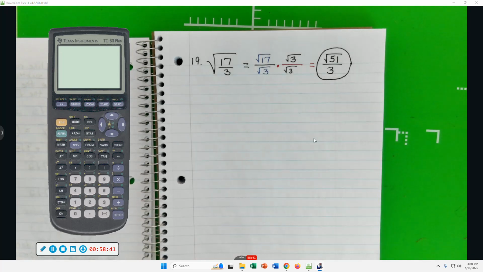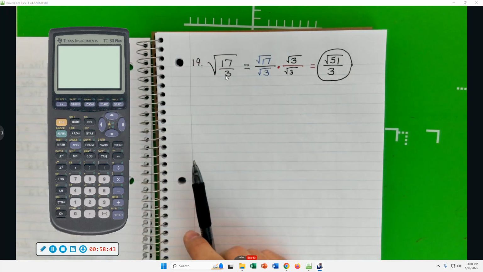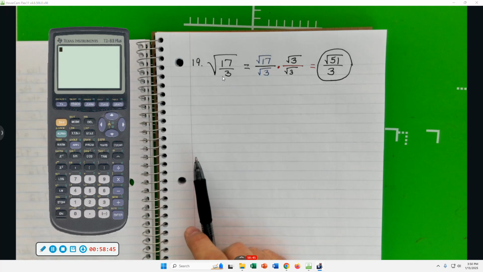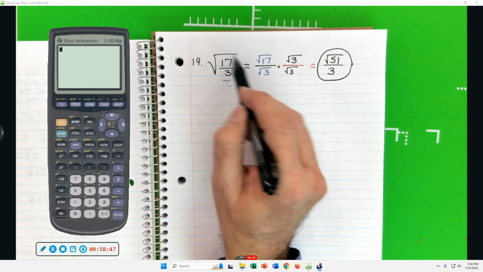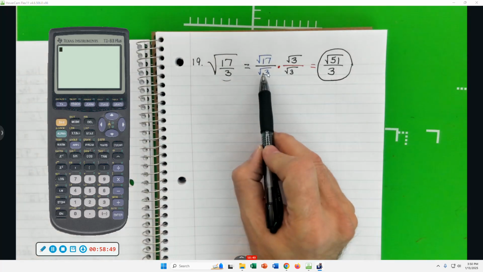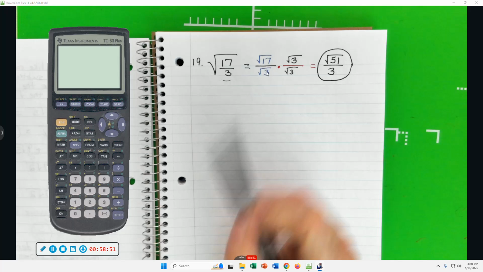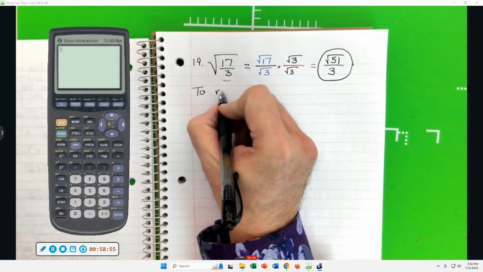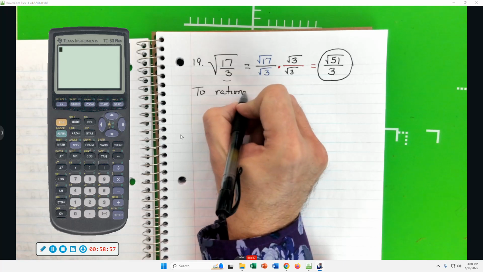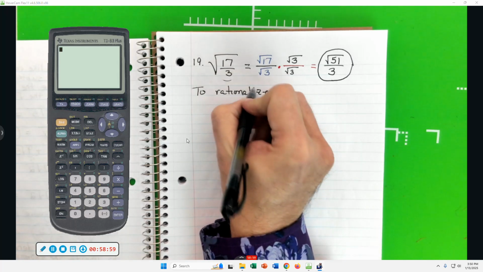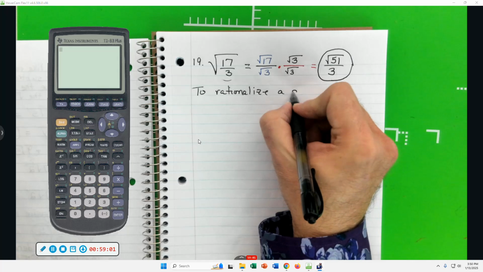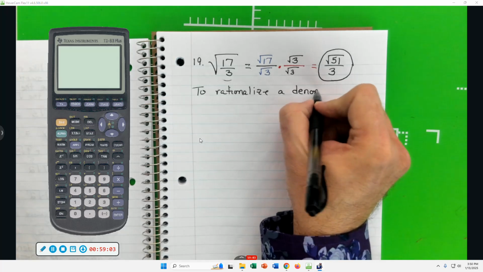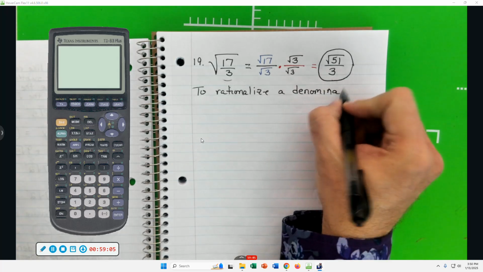And you might say, well, wait, I like this one better. No, mathematically you don't. You don't want a fraction under a square root, and you don't want a square root in the bottom. So what I just said was, to rationalize a denominator, and that's what the instructions say: rationalize the denominator.